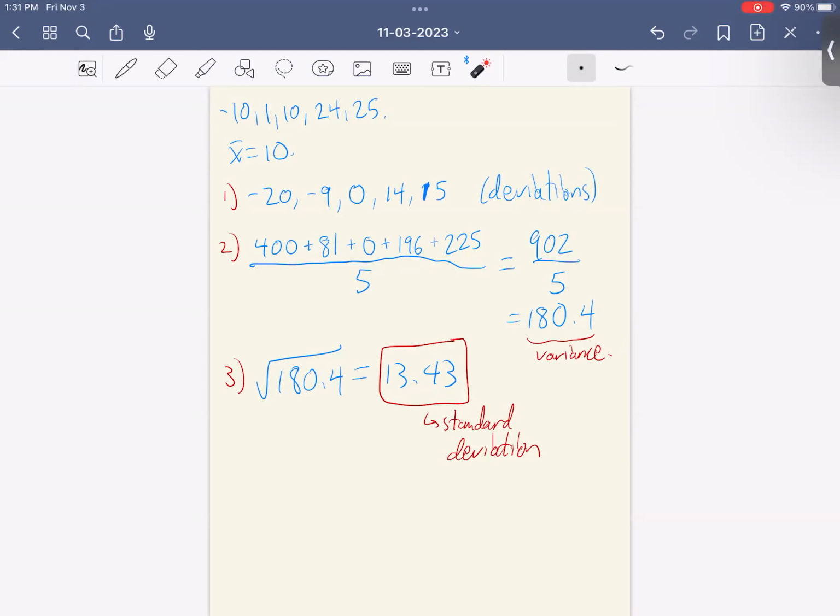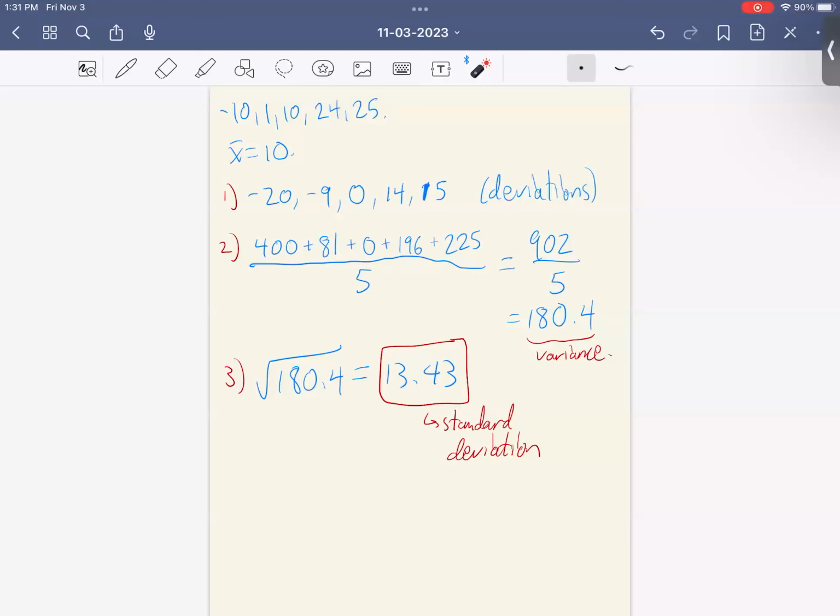So if you happen to get a 0, can step 3 still be applied? Sorry, maybe I don't understand the question. So once you get the variance, if you want the standard deviation, you have to apply step 3. If you just want the variance, then you just stop at step 2. Does that answer the question? Yeah. Okay. Good. All right, great.